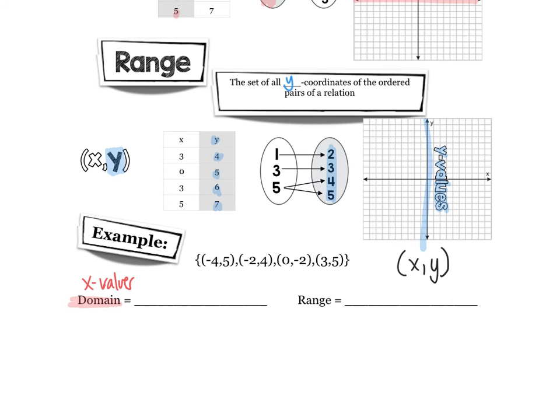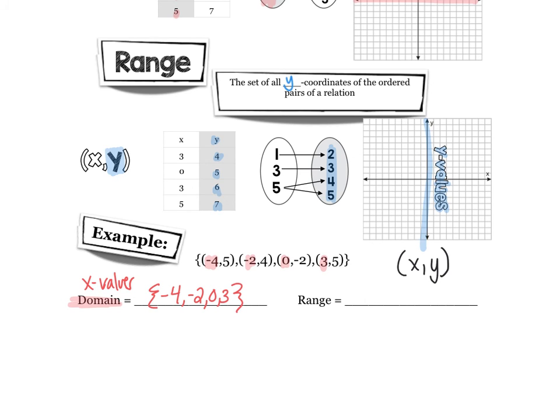So in order to find the domain of this, all I'm going to do is write down all of my x values, or the first numbers in my ordered pairs. When I write this, I do have to be careful though, because when you are writing the answers, you have to use the set squiggly bars, and you have to separate the numbers by commas. So our domain would be {-4, -2, 0, 3}.